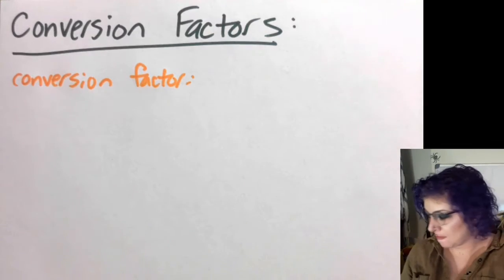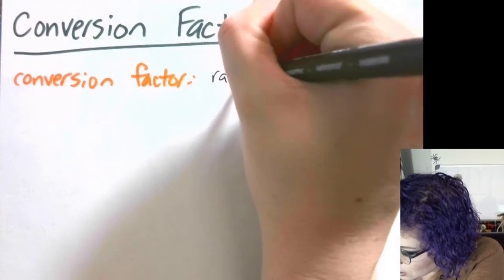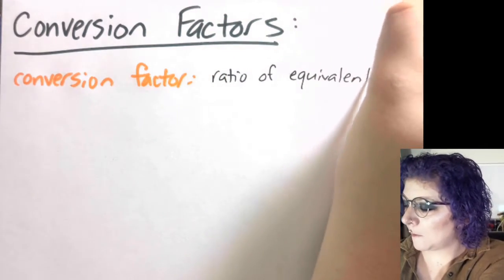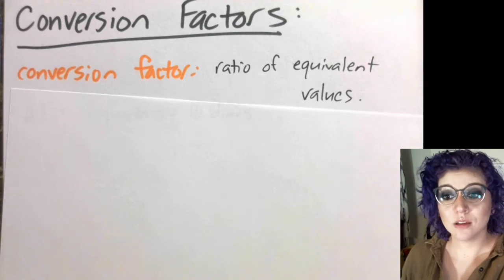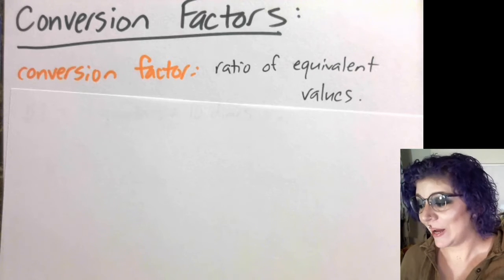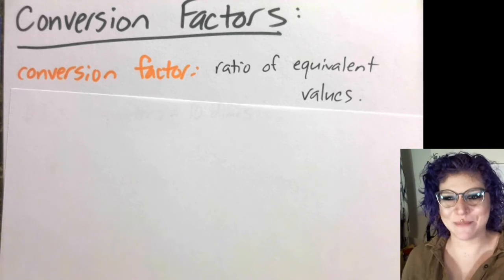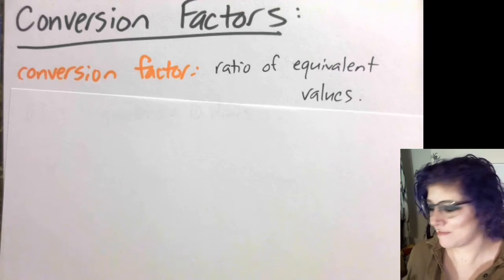All right. So a conversion factor is a ratio of equivalent values. Y'all are actually familiar with using conversion factors, but less thinking about it scientifically and more thinking about it in terms of real world exchanges.